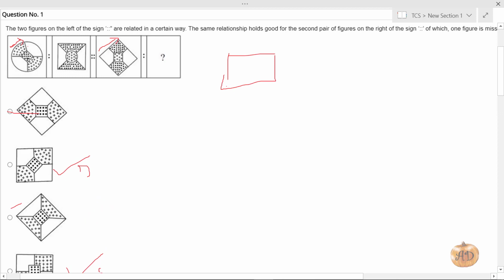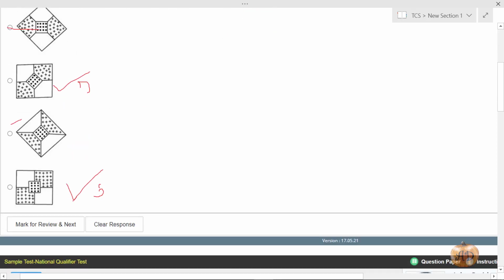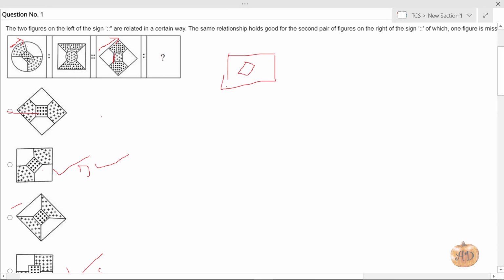When you rotate this figure towards the right direction, that is clockwise direction, the outer shape goes from diamond to square, then the inner shape would go from square to diamond. So now you get that the inner shape should be diamond, and which one of these is diamond? This one is diamond. So the correct option for this question is option B.